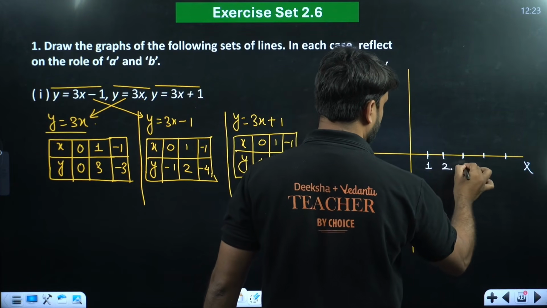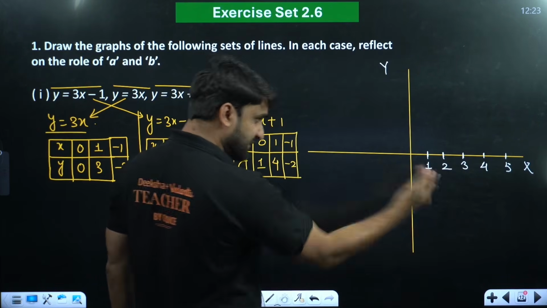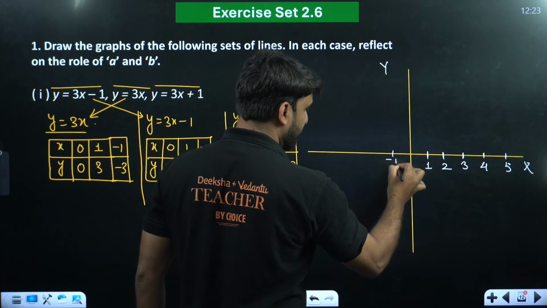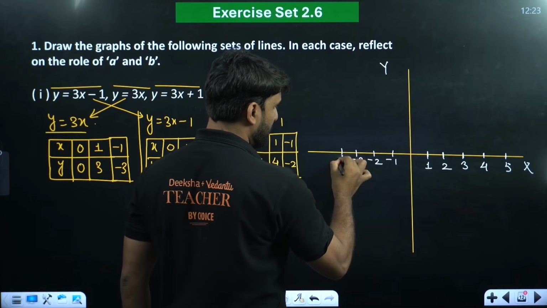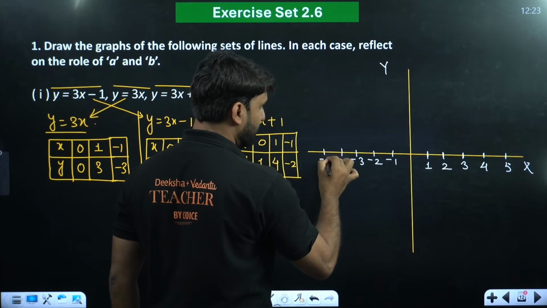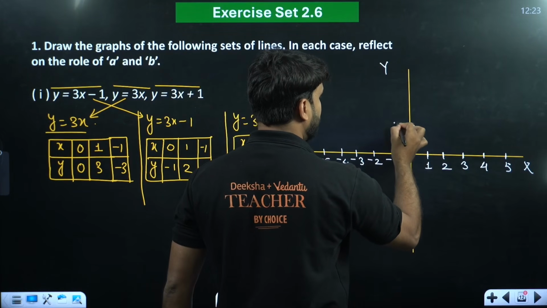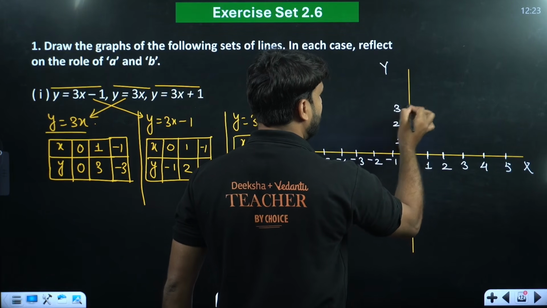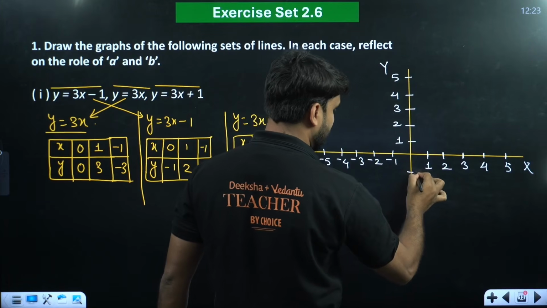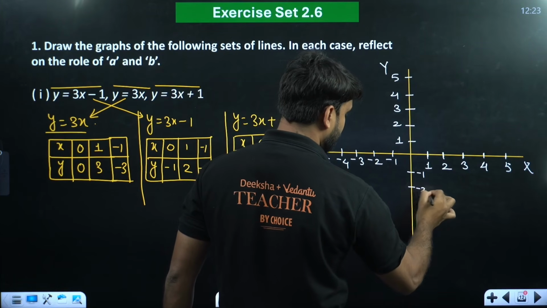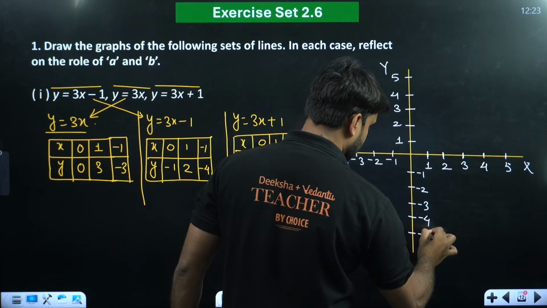All values in this direction are positive, and on this side all the values will remain negative: -1, -2, -3, -4, -5. The upper side of the y-axis is positive, and below the origin, the values are negative.